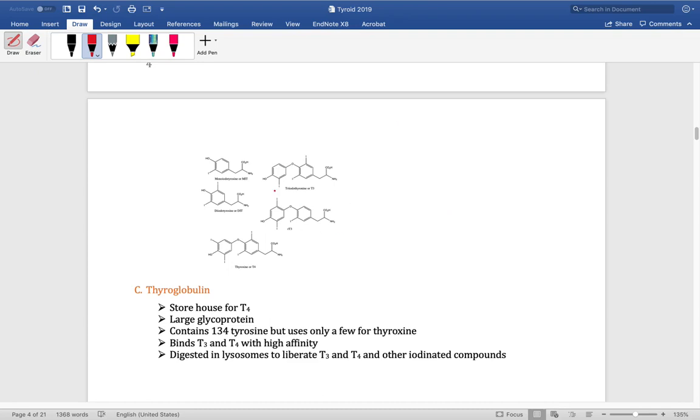We'll focus on the structure of the drug and the structure-activity relationship. So as I mentioned earlier, there are many different molecules that contain iodine and that are synthesized by the thyroid gland. So you have monoiodotyrosine, and you look at the structure of tyrosine, right? Structure of tyrosine, it's an amino acid. I have a hydroxyl here.